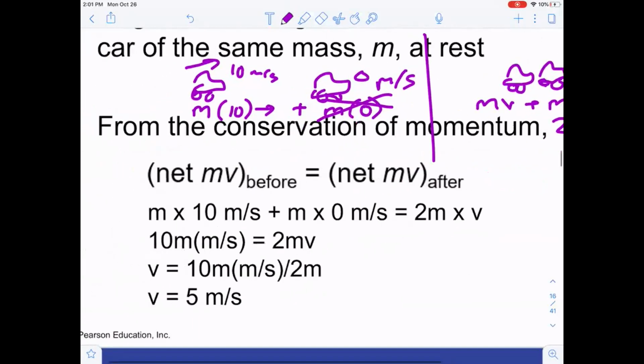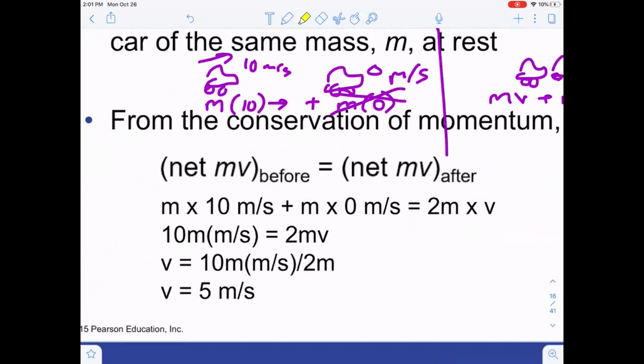So down here you can see we have 10m is equal to 2mv. You divide both sides by 10m... actually by 2m, and you get an answer of 5 meters per second. And we're going to go through a couple other examples, okay?